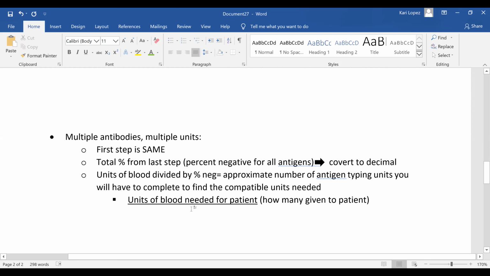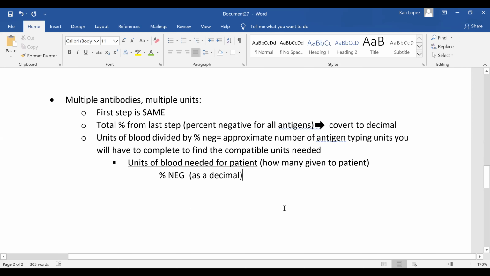And then the percent negative, or I'm sorry, it's going to be as a decimal though. Good? Yes. You too, Lily, good?